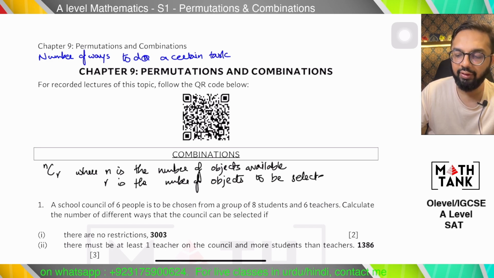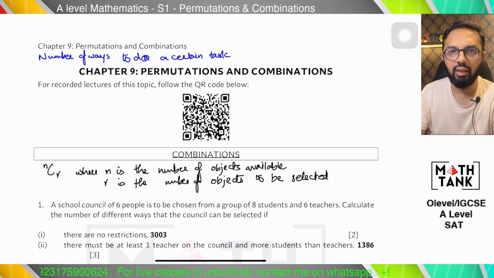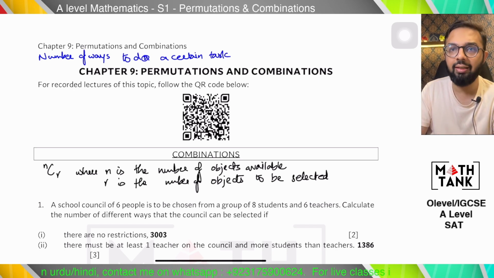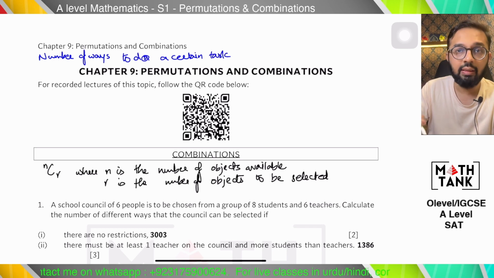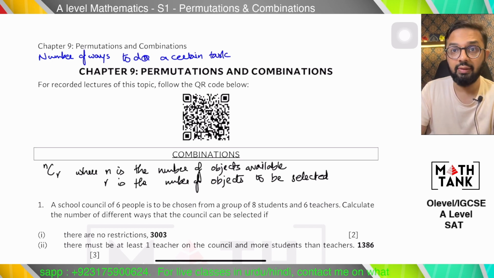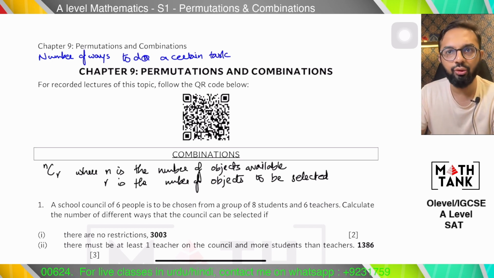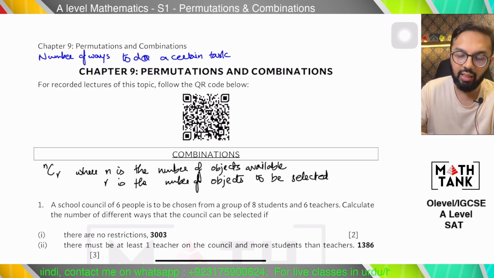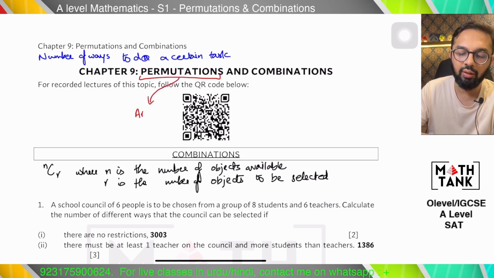So far I just told you about the number of ways to do a certain task. Now those number of ways can also include arrangements. Okay, so the number of ways of, let's say, arranging five people in a straight line, that would also be the number of ways of doing a certain task. But arrangements fall into this category called permutations.